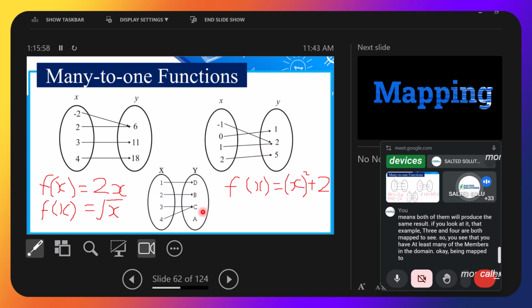So let's look at it this way. If I stand at the domain point, maybe let's say the set X, I can say that I see many arrows moving, especially for these two examples, towards one value. Do you agree with that? Yeah. Okay. So in this case, I would describe this as many-to-one. I hope you agree with that as well.